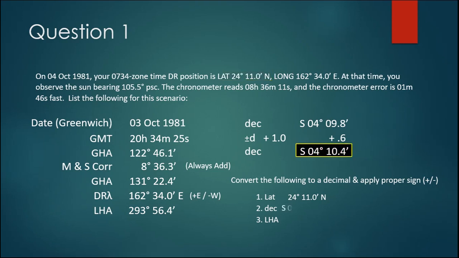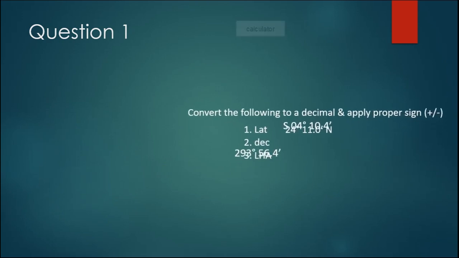We got the declination right there at south 04 degrees 10.4 minutes. And then we'll pull the local hour angle, which we got is 293 degrees 56.4 minutes. And we'll convert these 3 angles to decimal degrees, and we'll use our calculator to do that with.